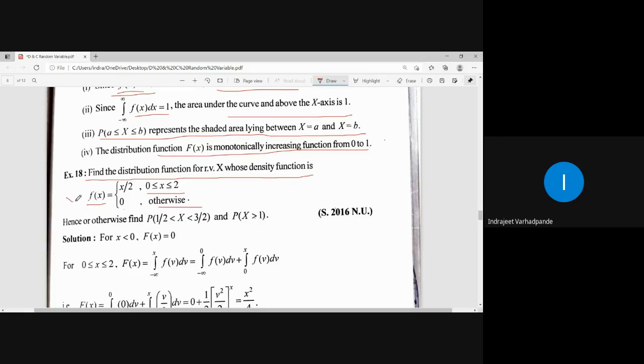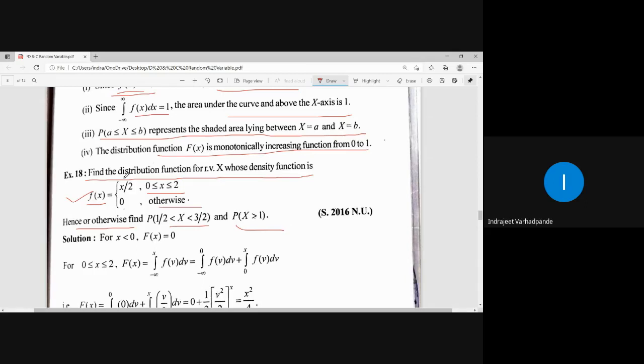This is the density function which they have defined. Hence or otherwise, find the probability that half is less than x less than 3 by 2, and the probability for x greater than 1. These are the additional values to be calculated for the given density function.